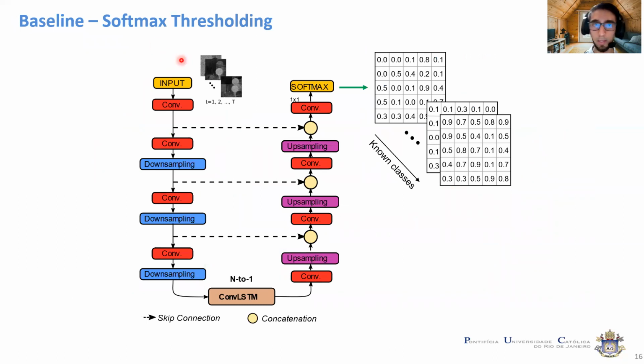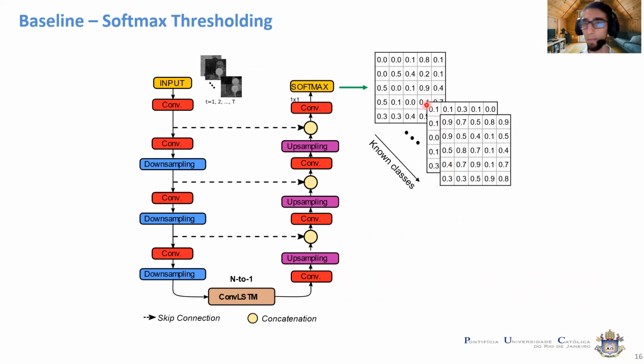As a first method, baseline, we have a pre-trained UNet recurrent network, and then we use the softmax values at the output, which might look like this. So this is the resulting image for softmax.